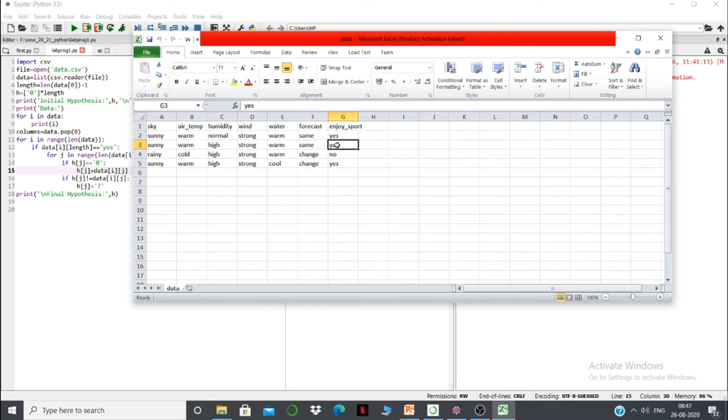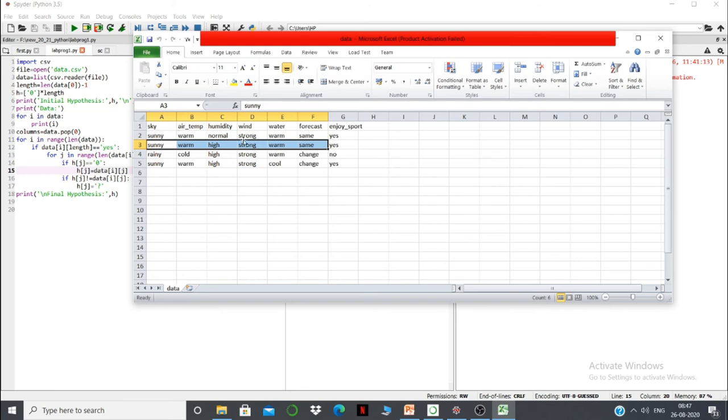First, the program checks whether the second training example's enjoy sport is yes or no, that is positive or negative. If it is positive, then the next step is to compare the second training example with the previously generated hypothesis.